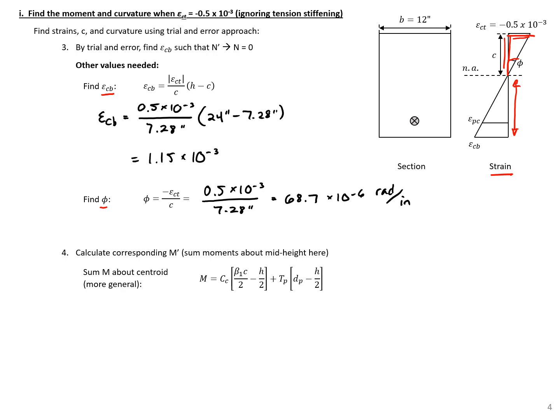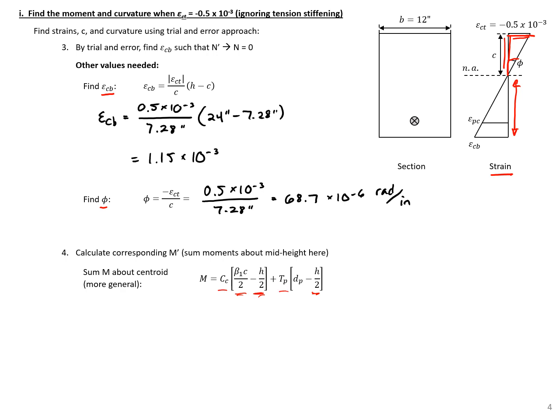Next, we can calculate our corresponding moment for this point. And we're going to sum our moments about the centroid of our section. So you can see our h over 2, and then the distance between the centroid of the force and h over 2, the centroid of our section, for both our concrete and tension forces.